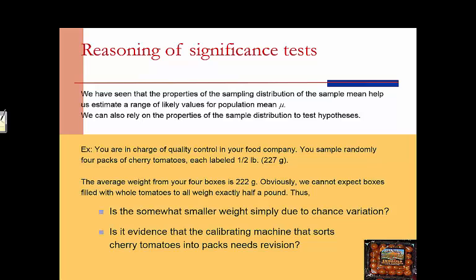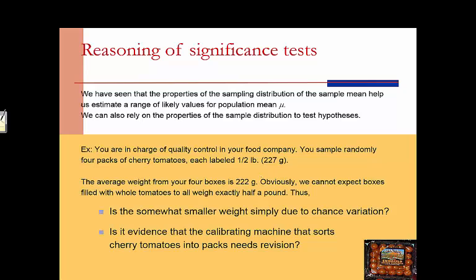For example, suppose you're in charge of quality control in a food company. You are randomly sampling 4 packs of cherry tomatoes, each labeled half a pound. That's 227 grams. You take 4 boxes and the average weight is 222 grams. Well, you don't expect it to be exactly 227 grams because there is randomness involved, right?